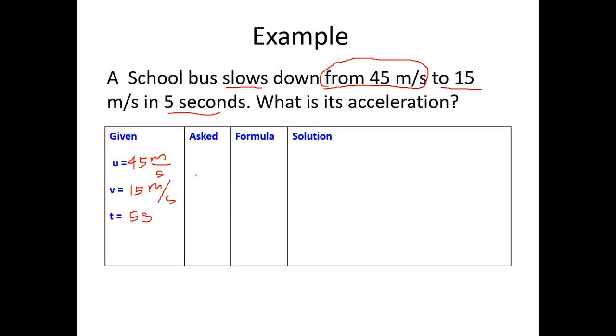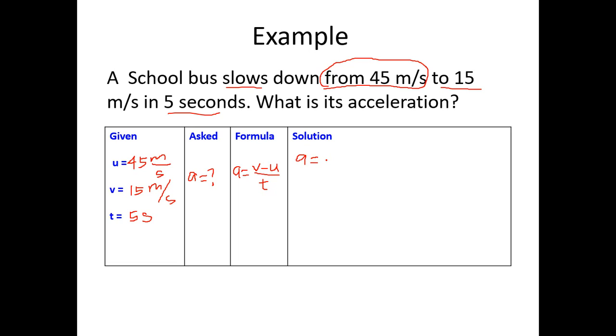So again, what is asked in this problem is finding your acceleration. Now, of course, your formula is still the same. It doesn't change. Your acceleration is equal to v minus u over t. Okay, so here goes your solution.